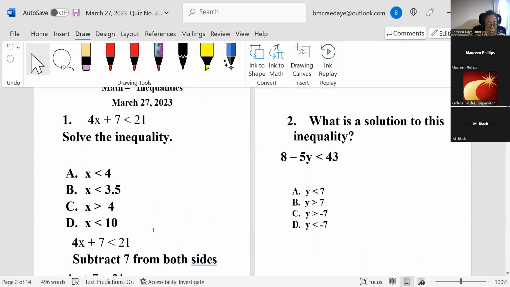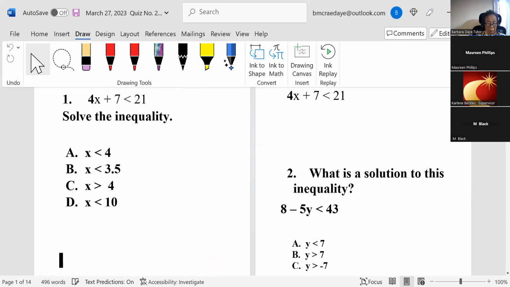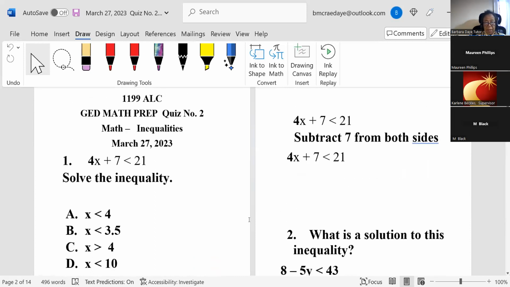So let's just subtract the 7 minus 7 on the left, minus 7 on the right.